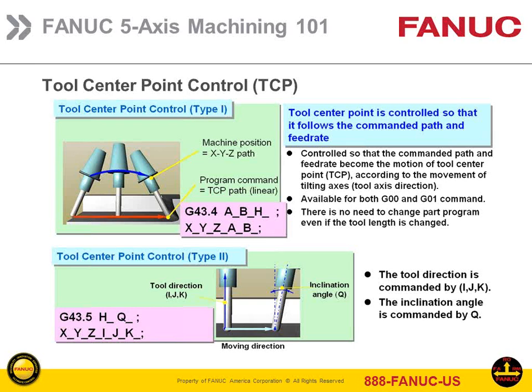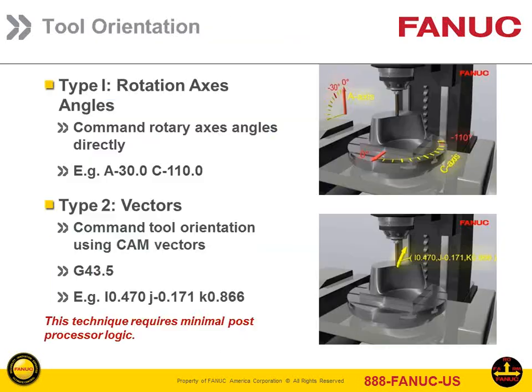And then type 2, you use a G43.5 with an H word. The Q is the angle of the tool, and you use an I, J, and K. With type 1, you show the different rotation axis angles, so it would be like A minus 30, C minus 110. Type 2 are the vectors type.